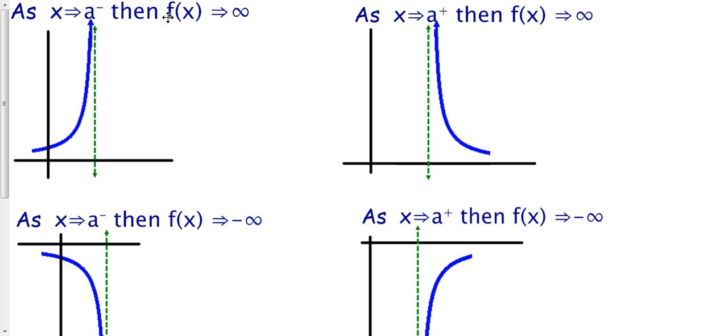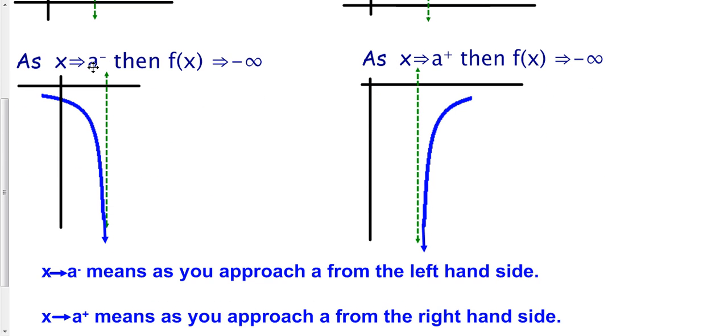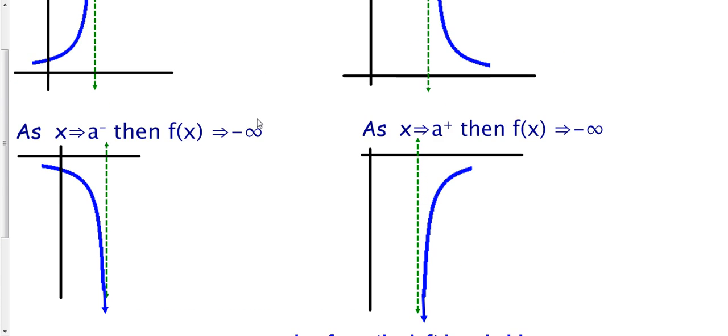That means your function goes up towards positive infinity. This one here says as we approach a from the left, it goes down forever. And that's a going down forever for your function right here.